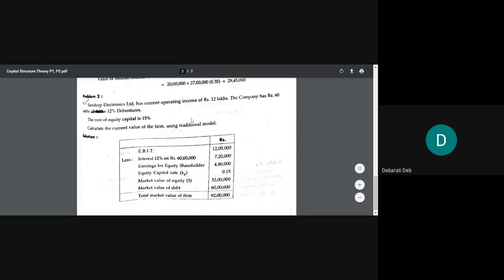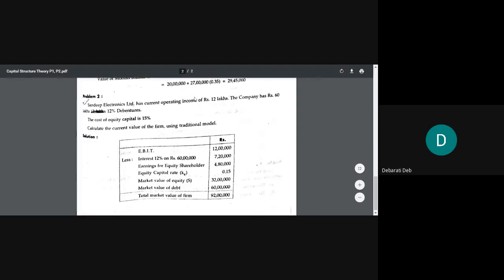So what is the problem? It says Sandeep Electronics Limited has current operating income of 12 lakh. Current operating income means EBIT, NOI, whatever you want to mention. So the EBIT is 12 lakh. The company has rupees 60 lakh, 12% debenture.